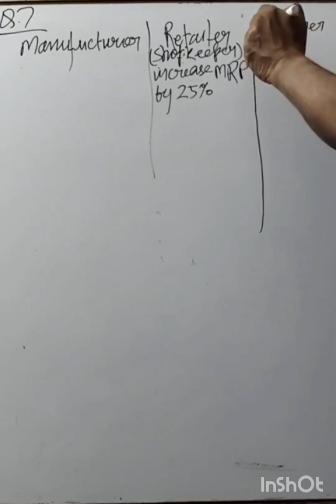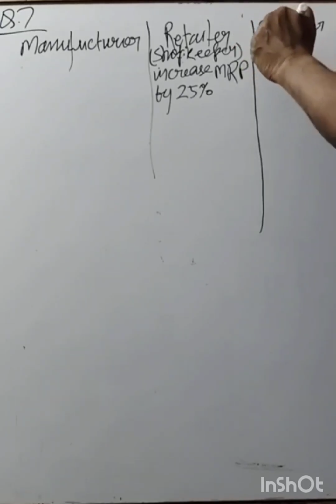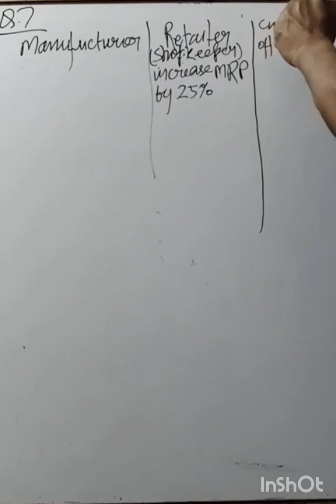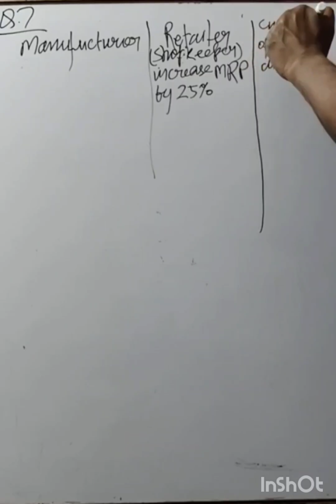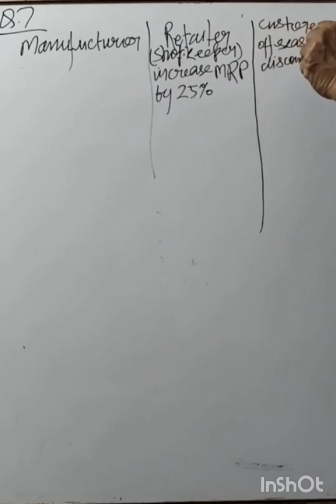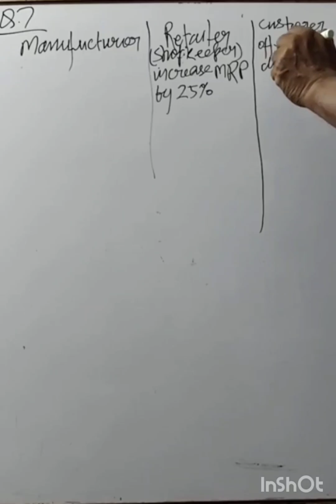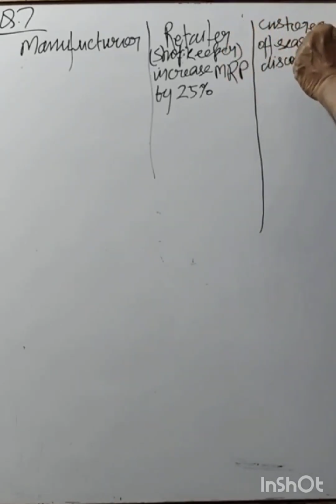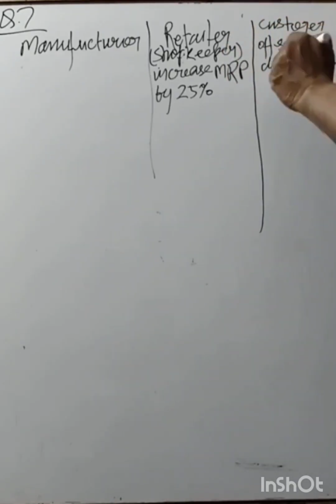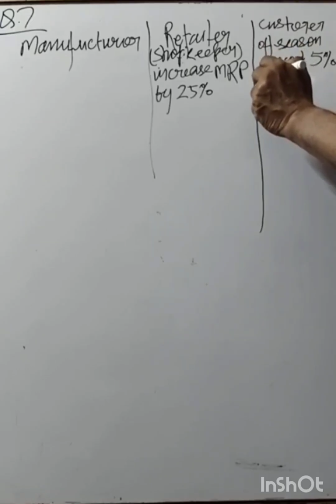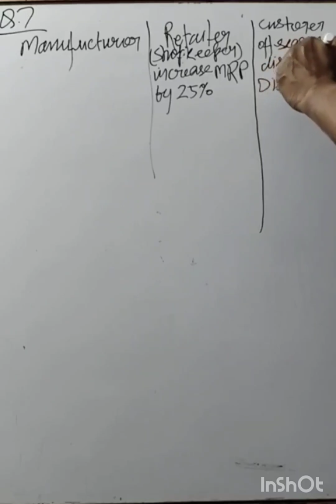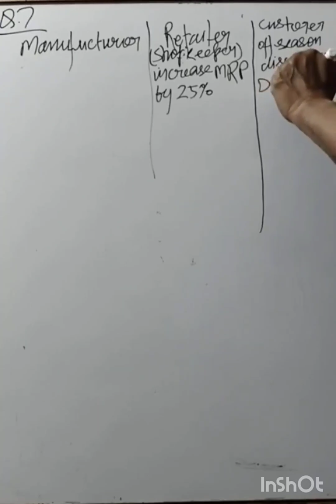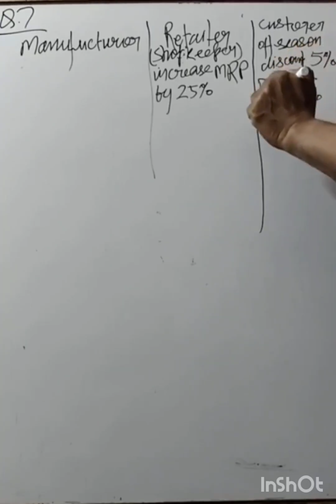First, the off-season discount is how much? 5. The shopkeeper gives a 10% discount on market price and a further off-season discount of 5%.